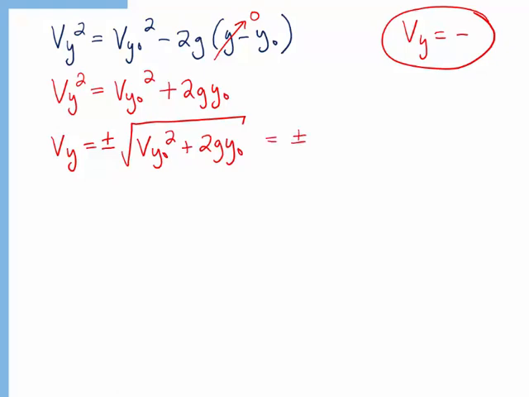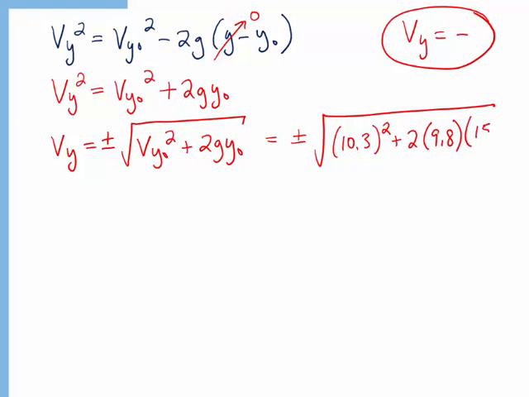So we've got plus or minus, and we're now just going to plug in the values that we had from before. So we've got 10.3 squared plus 2 times 9.8 times y naught, which is 150.